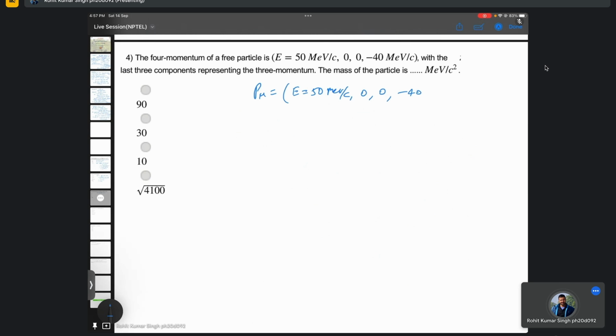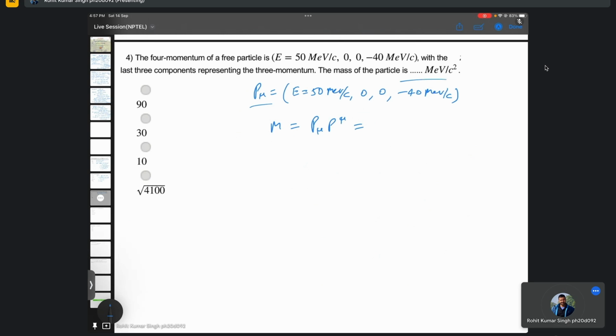So Px, Py is 0 and Pz is given as 40 MeV per C. Okay, and we have to find the mass of the particle. So we know that the mass of the particle is just the scalar product of the 4 momentum, right?